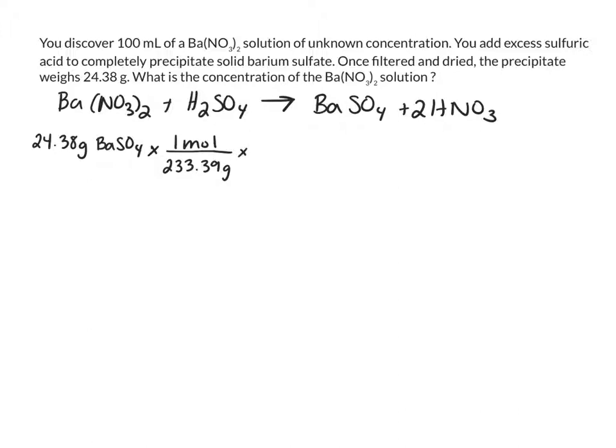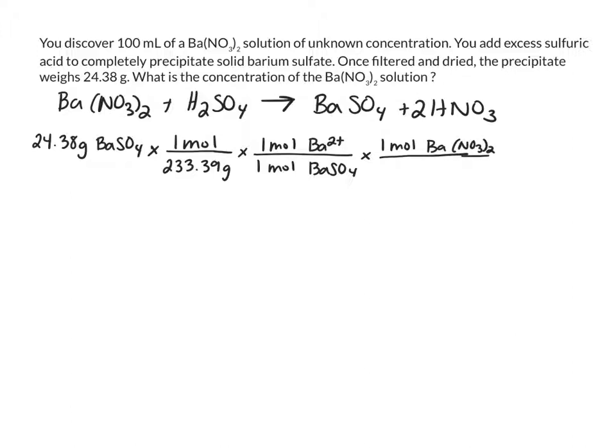Okay. Now is where things get tricky, and this happens all the time in gravimetric analysis. For every 1 mole of barium sulfate, I need to see how many moles of barium I'm going to make. Well, there's 1 barium atom, so I get 1 mole of barium ions. Okay. So now I'm going to see how many barium ions I need to make 1 mole of the barium nitrate.